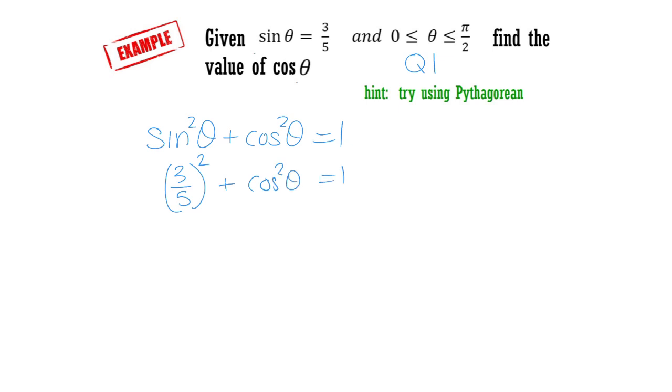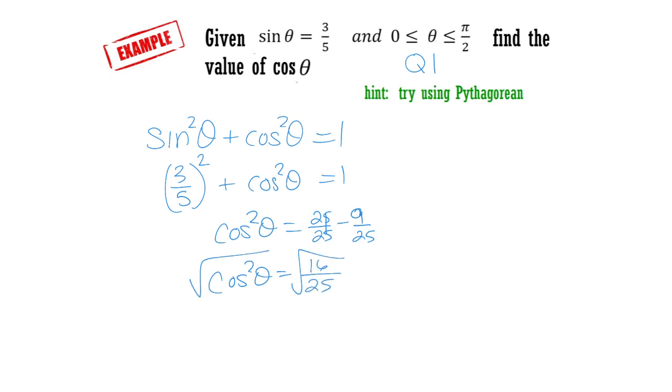Now we're just doing some algebra. Let's subtract the 3/5 squared. So I'm going to subtract 9/25. So it's going to look like this. And in fact, my 1, I'm going to change to 25/25 so that I have a common denominator. So cosine squared theta, 25 minus 9 is 16/25. Square root both sides.